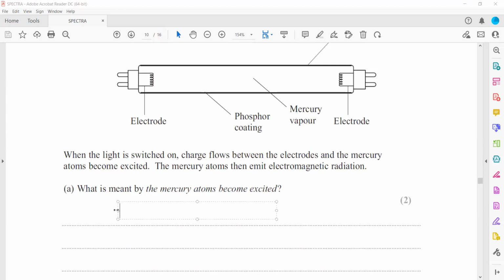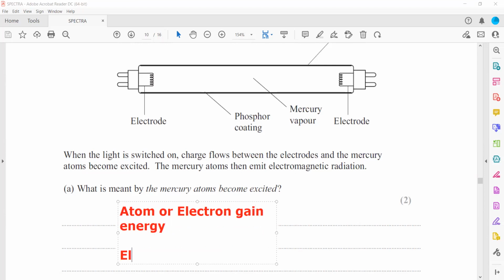So the term excited means that the atom or electron gains energy. That's one mark. And then electron or atom, you can also mention, because there are energy states for atoms as well, so the electron jumps to a higher energy level. That is the meaning of an atom being excited.